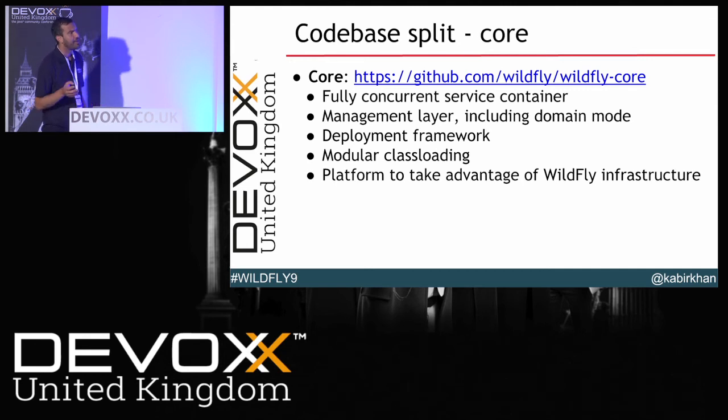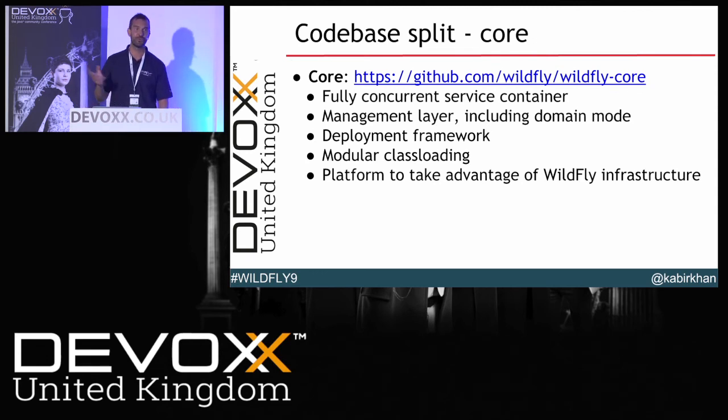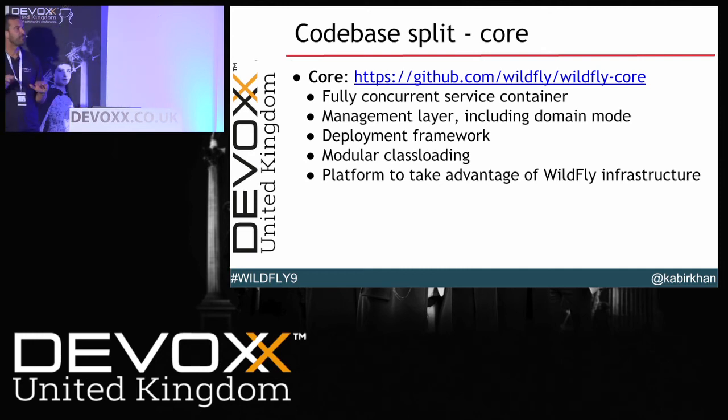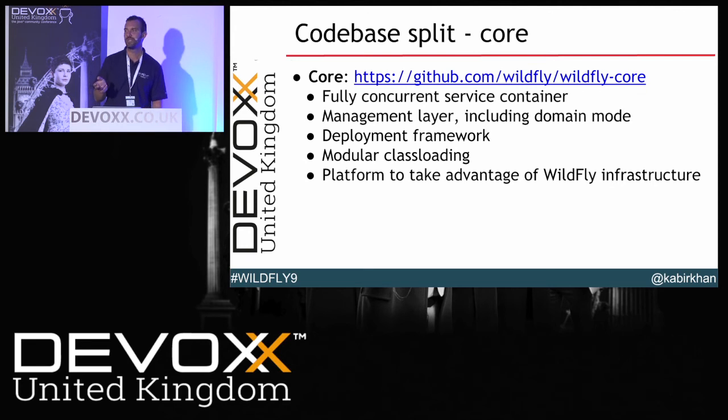It contains the management layer, which is basically the infrastructure for all the stuff that I've been doing with the CLI, and it gives you domain mode. It contains the core deployment framework. So, for example, the EJB subsystem will install some deployers to read all the EJB annotations and install the EJBs. And of course, it contains the modular class loading. So it's basically just a stripped down core containing the management infrastructure and logging, and that's it. And also the request controller, which allows the graceful shutdown and suspend resume.